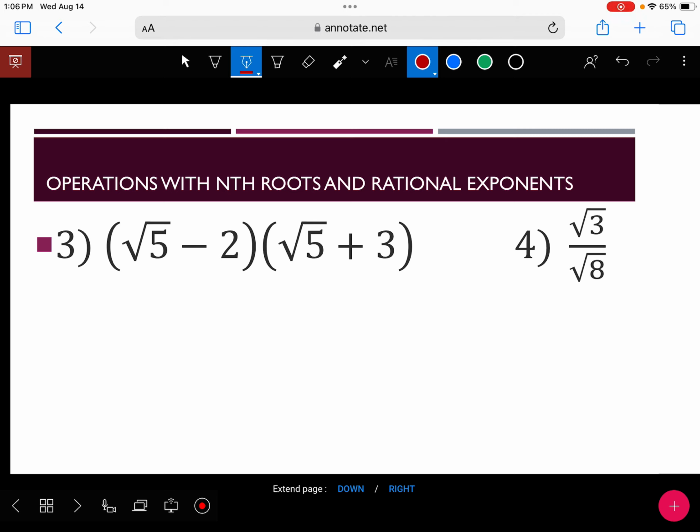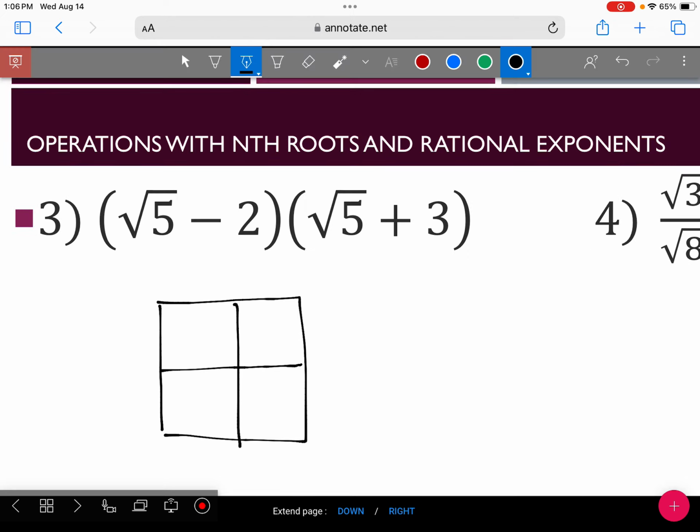Nothing between it. So when you multiply, we generally make a box, which I agree with. I like a box for multiplication. So let's go ahead and fill them in. We got this across the top, this down the side. And we're just going to fill in all 4 squares, and that's it.